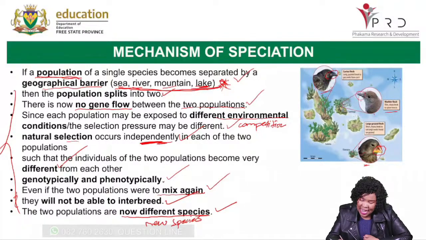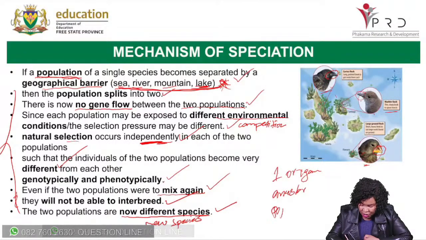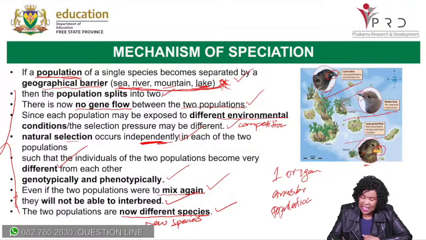But by looking at the similar characteristics, you can conclude that they came from one original ancestor population. Then you can explain how they became different. It was because of the separation by a geographical barrier and what happened in each population to make them become so different. So that is speciation in a nutshell.